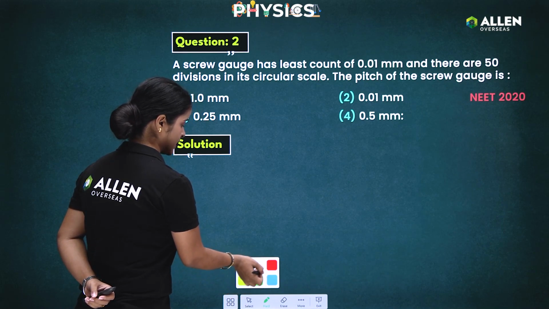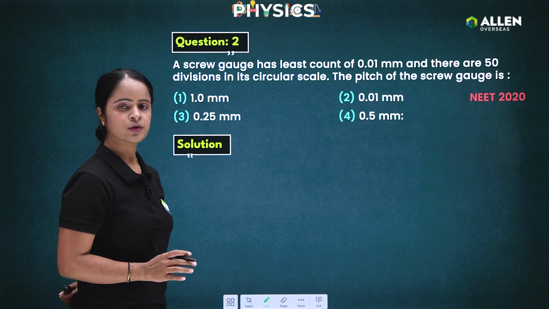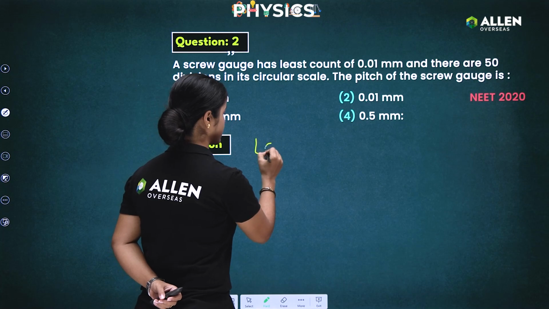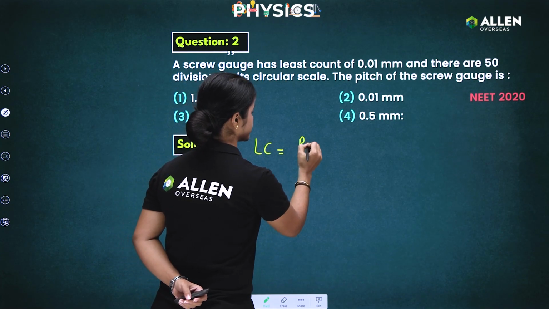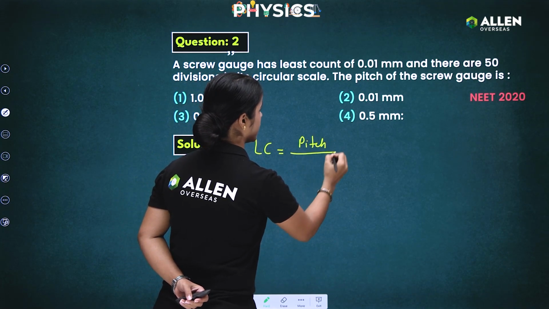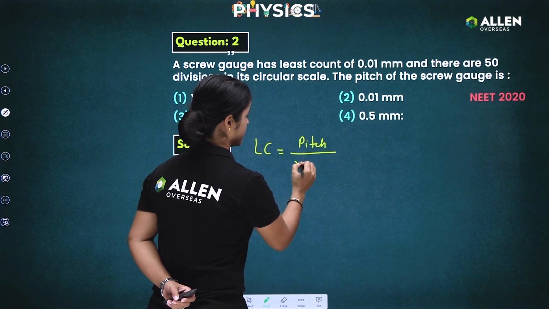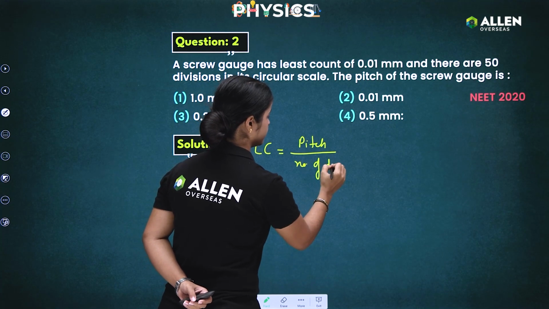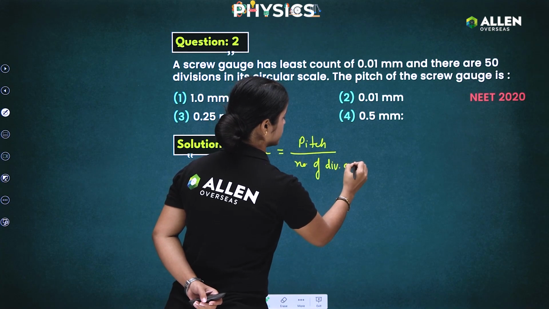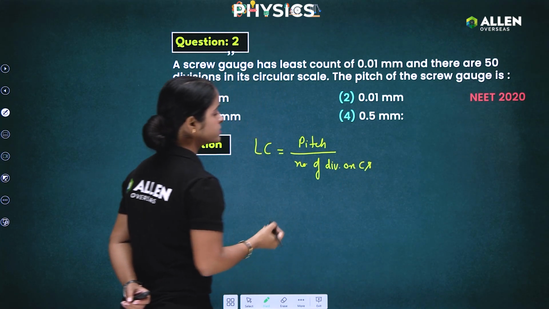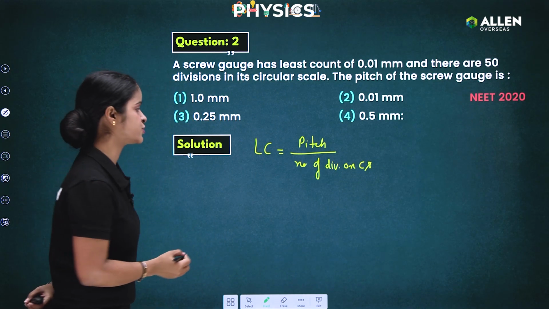So here in this slide, first of all, we need to write the formula of least count. Least count is equal to pitch upon number of divisions on circular scale. What is our aim? Our aim is to find pitch.